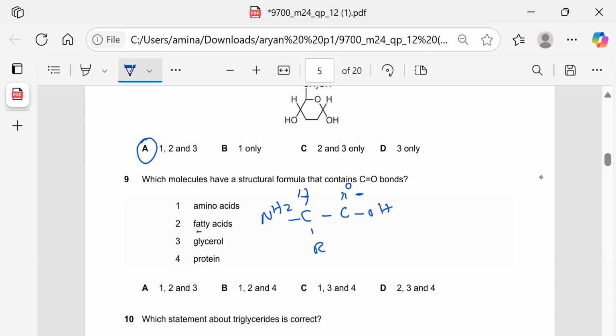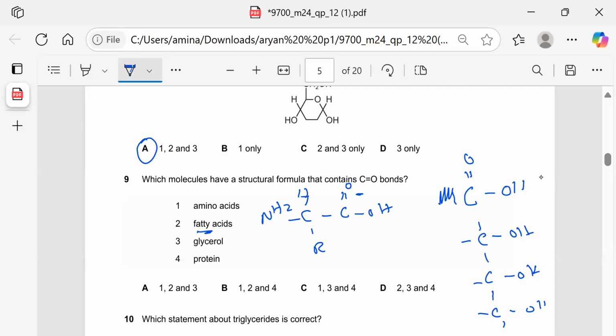Similarly, fatty acid definitely carries COOH with variable chain, okay? Glycerol molecule does not carry any double bond. It is a 3-carbon structure with OH on all the sides over here with H, H, H, H, and H, okay?